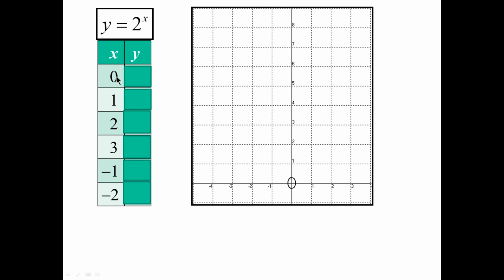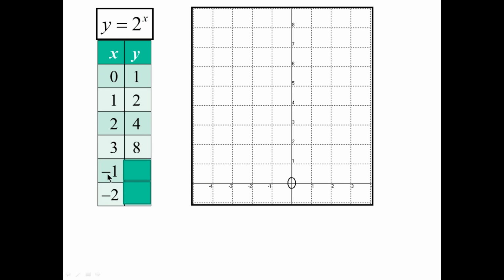And then we'll have a table of values, and we'll put it on a grid. Suppose x was 0. Well, if we sub in 0, 2 to the 0 we know is the number 1. If we sub in a 1, 2 to the 1 is the number 2. If we sub in a 2, 2 to the 2 is 2 squared, which is 4. If we sub in a 3, 2 to the 3 is 2 times 2 times 2, and that's 8.